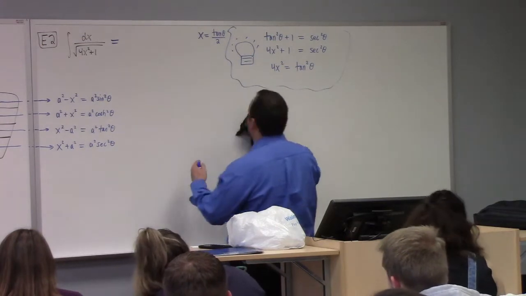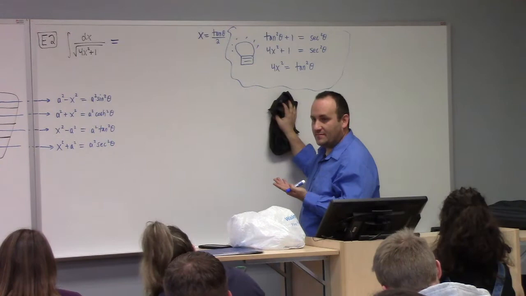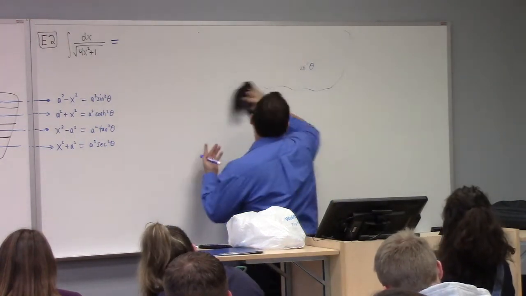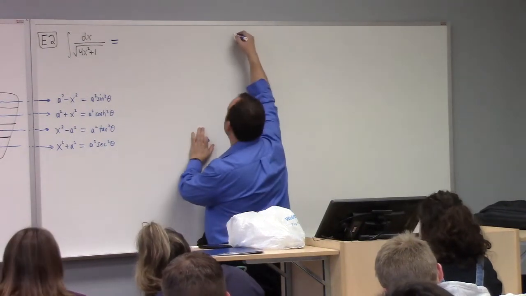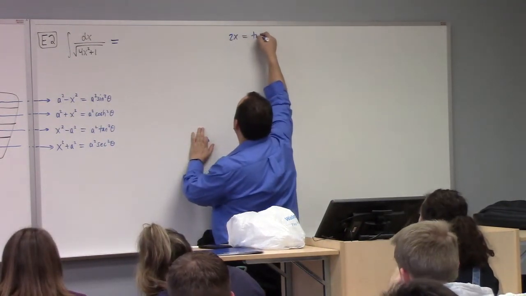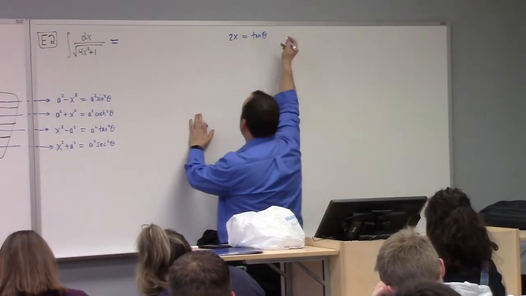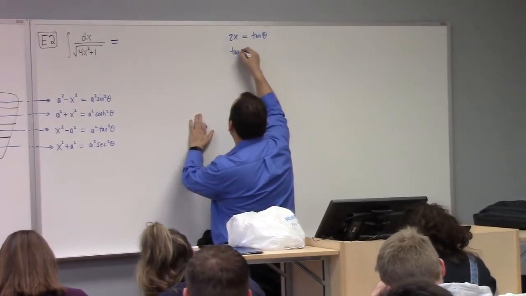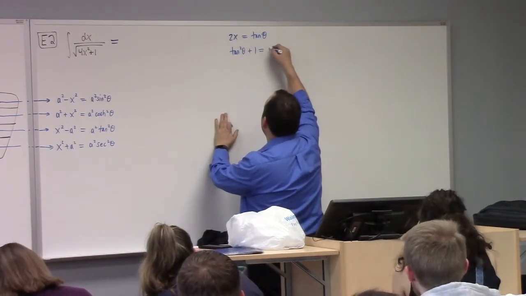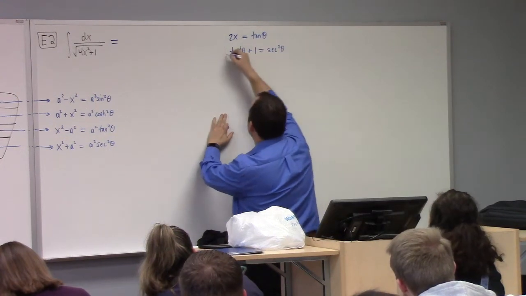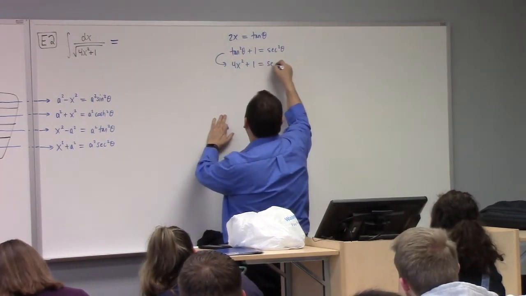So, have we all seen this? I'd actually prefer to write the substitution like this, 2x equals tangent theta. I know that's the same as what you guys just told me, but it has certain advantages to think this way, because then tangent squared theta plus 1 equals secant squared theta reveals that 4x squared plus 1 is equal to secant squared theta, right?